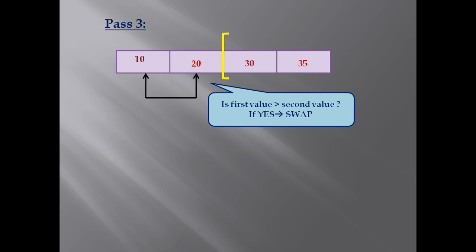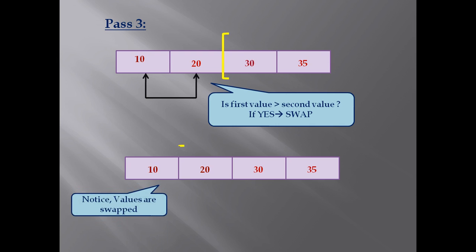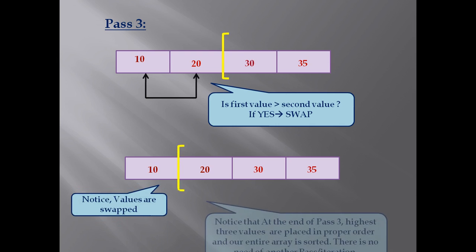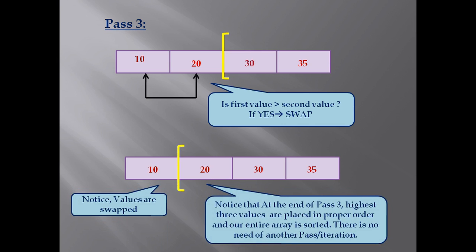So our process is done. You can see at the end of pass 3, we have the last three elements in a specific order, right? 10 and 20 changed and the last three elements are in specific order, correct? So we have only one element left, so there is no need to compare or exchange elements.